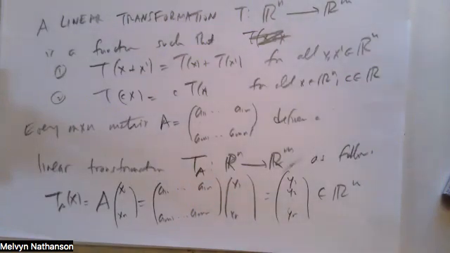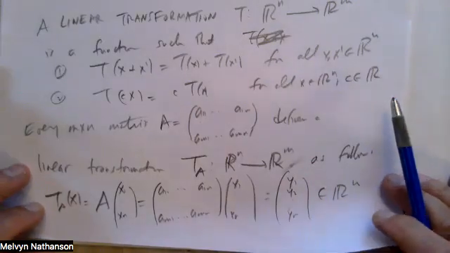So this is the simple formula taken right from the book that associates to every matrix a linear transformation.